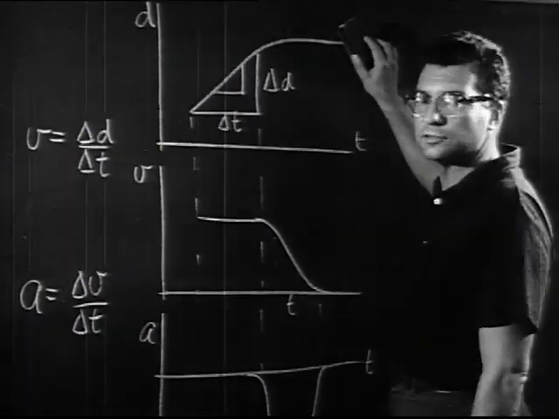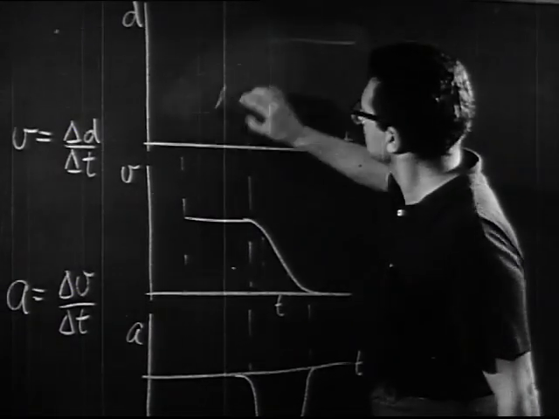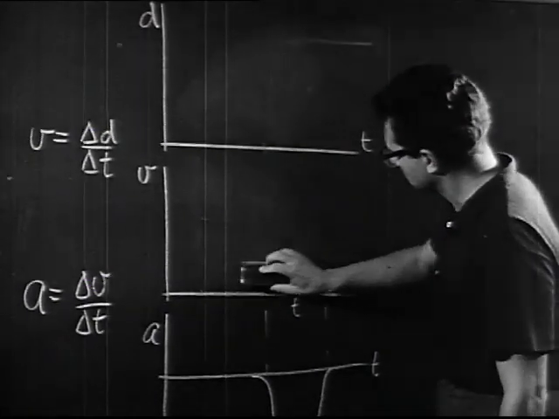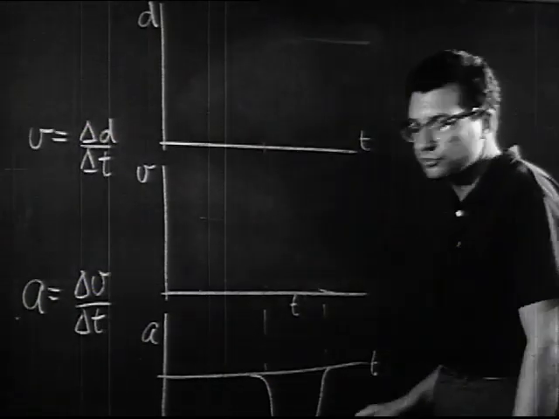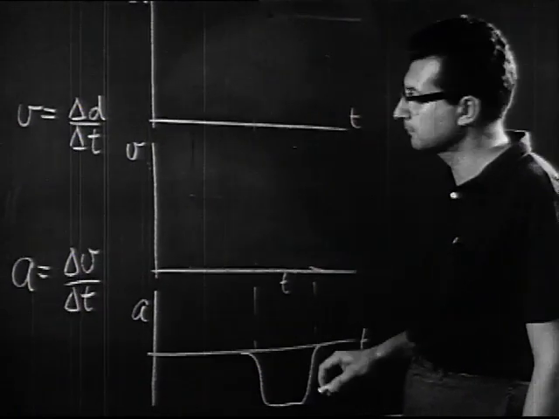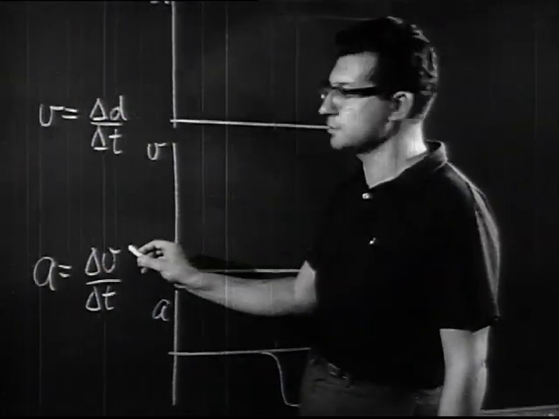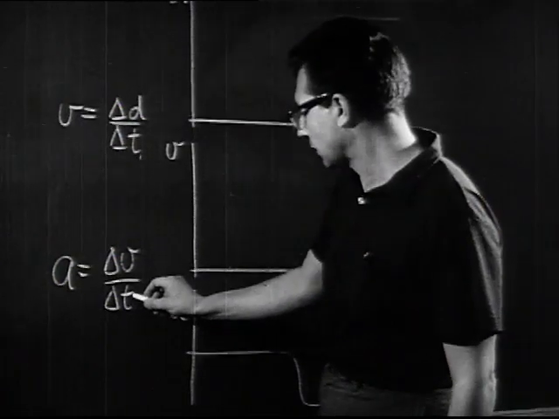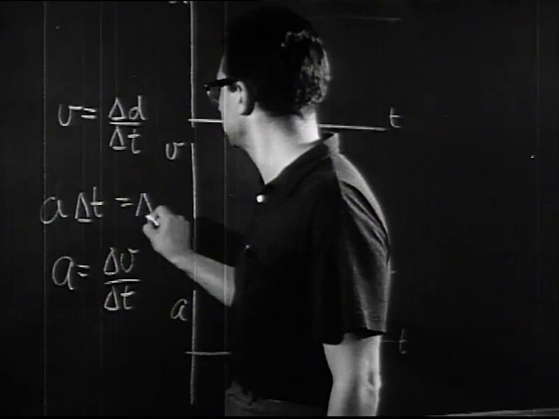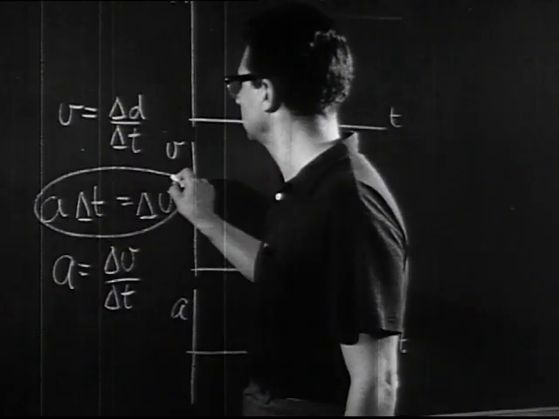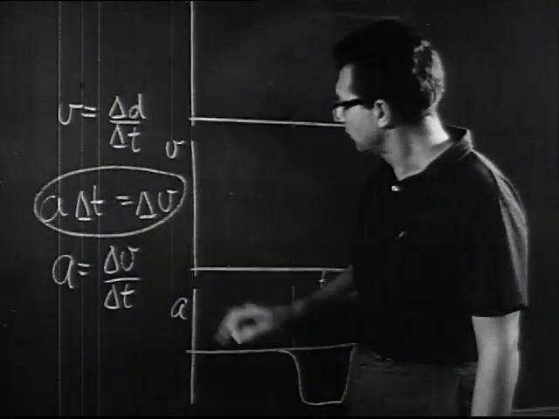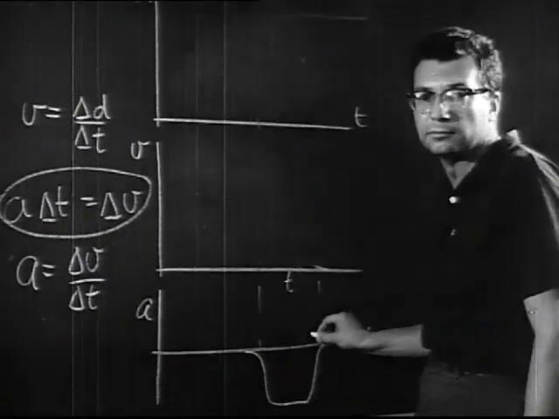Suppose I didn't have the distance versus time curve or the speed curve, but that I did have the acceleration curve to begin with. The problem is, can I construct the speed curve from it? Well, here's a relationship that we know, and notice that I can transpose it to read A times delta t equals delta v. Acceleration times the time interval gives the change in speed. Also suppose that this were simply a rectangle.